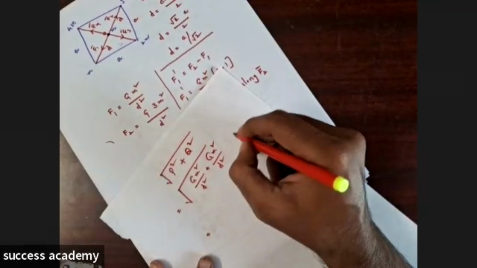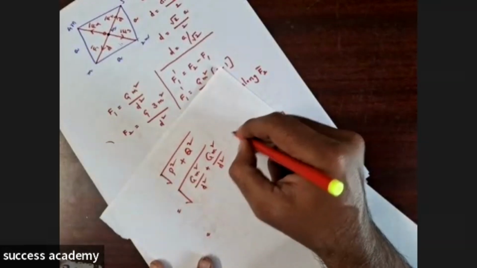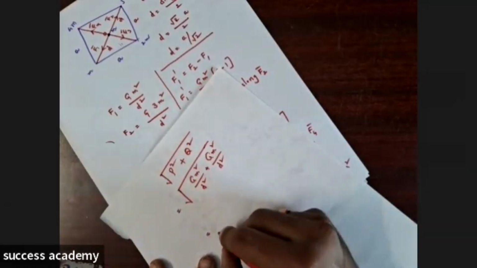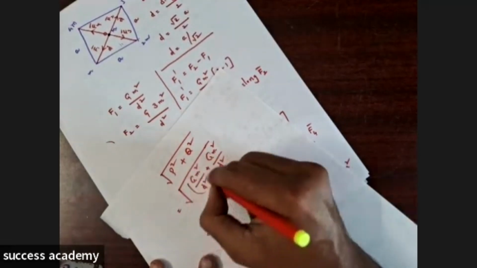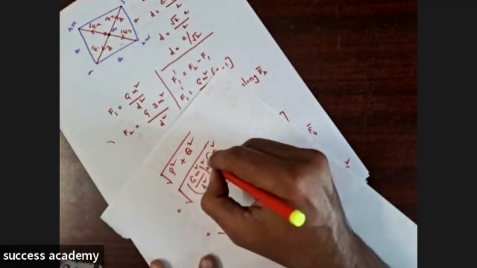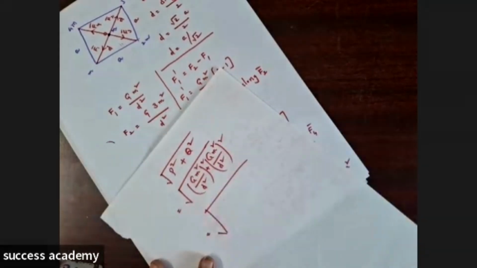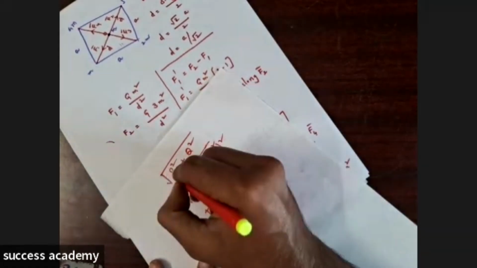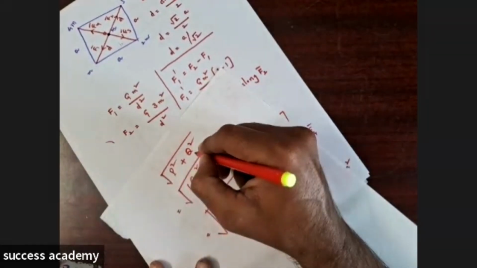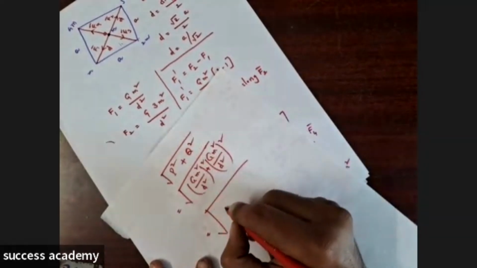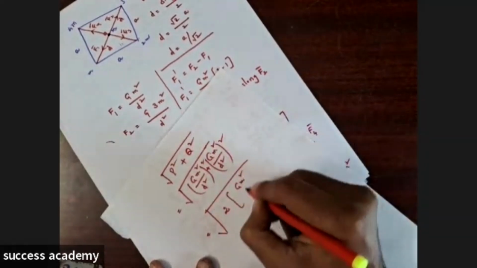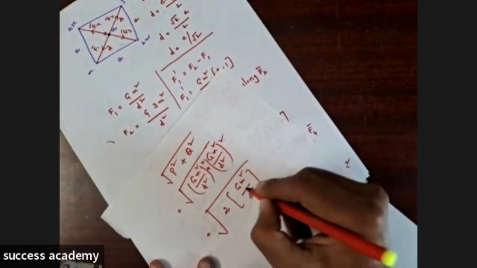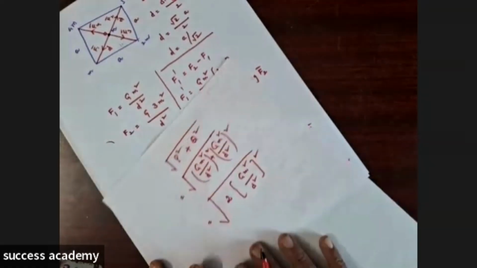Third term is 0. Why? Because 2pq cos theta, cos 90 is 0. Okay, now this p is nothing but F1 dash, q is nothing but F2 dash. So now 2 times repeated, 2 into gm square by d square whole square, whole square.